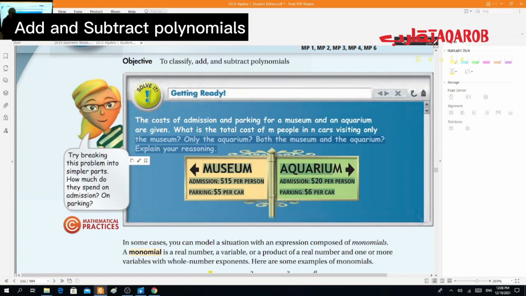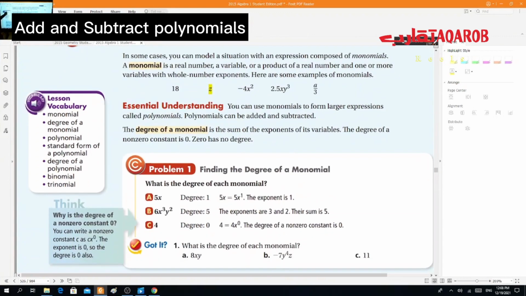To define it, it's better for you and me to start with the definition of the word monomial. As you can see here, a monomial could be a real number, like 18. It could be a variable, like z. It could be a product of a real number and a variable, or a product of a real number and more than one variable with more than one degree.